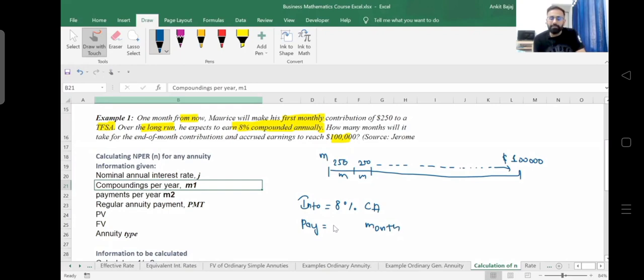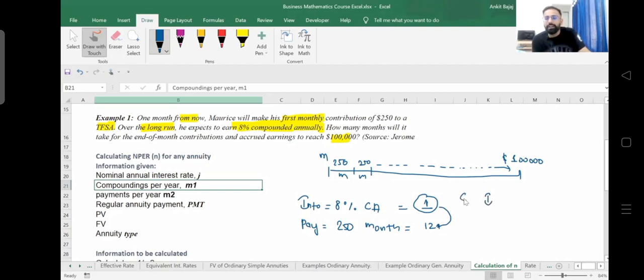Now, in previous cases, we have already discussed there should be a balance between interest and payment duration, right? So here there is a difference in interest and payment duration. Interest is getting accrued once in a year and Morris is making 12 payments in a year. I have already told you that payment duration should be equivalent to interest duration. So we will be converting this interest duration that is compounding annually, so 1 is equivalent to 12 payment durations, right?